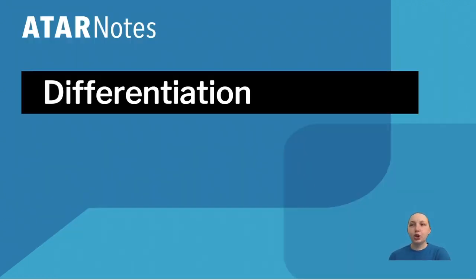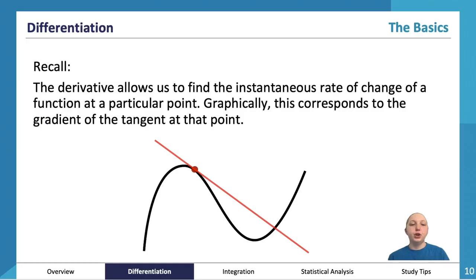Okay, so we're going to start looking at differentiation. Thinking about differentiation in broad terms, or the basics of differentiation, we're thinking about the derivative. Your derivative is essentially allowing you to find the rate of change, or the gradient of a function at a particular point.